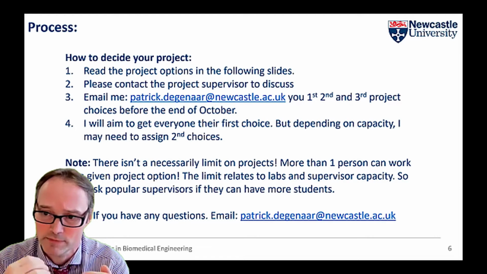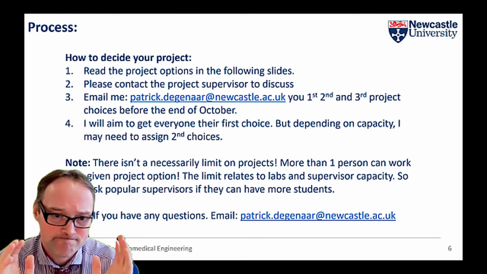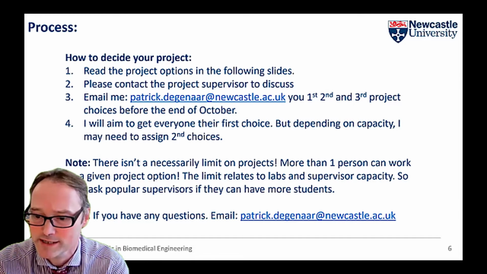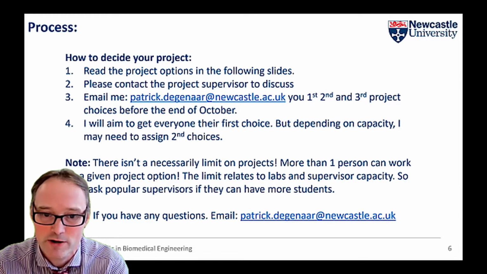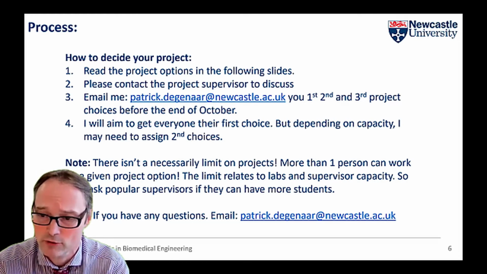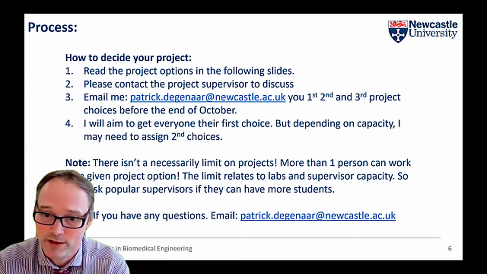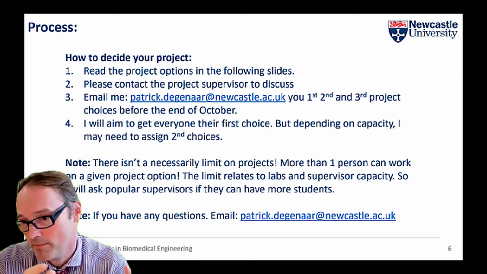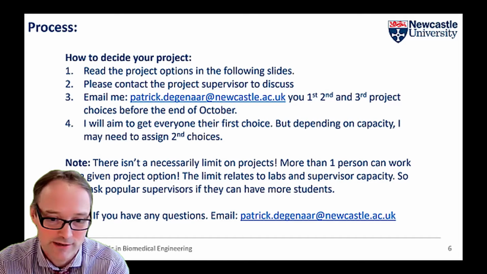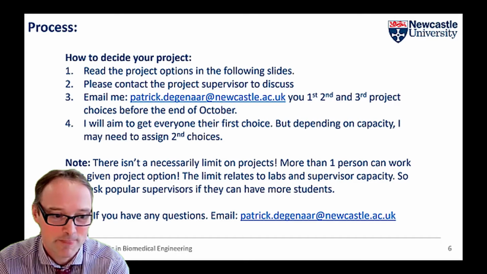Have a discussion with them, check to see if it's something you're interested in, and email me your choices, preferably by the end of October. What I will do is create an exercise where we ideally get everybody their first choice, but it may be a second choice or a third choice. I'll roll a dice if that's required. Okay.